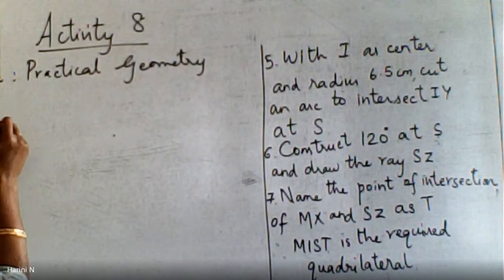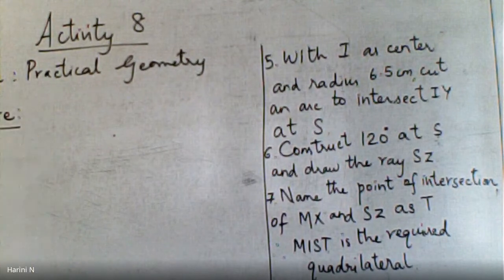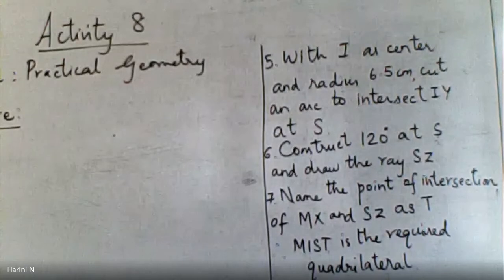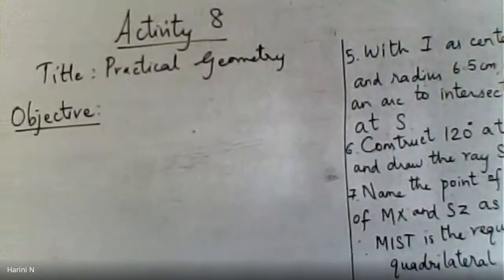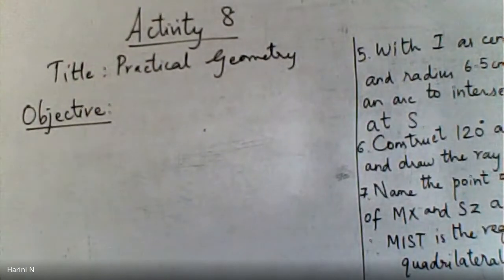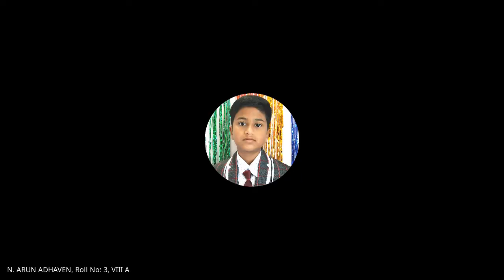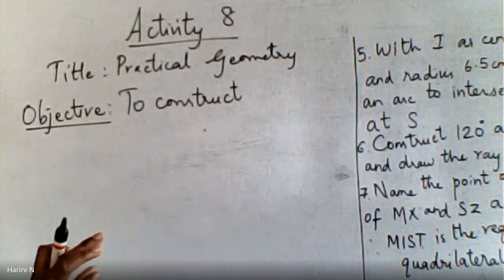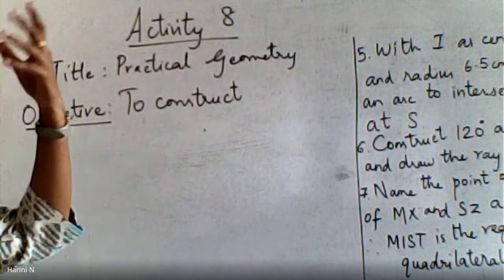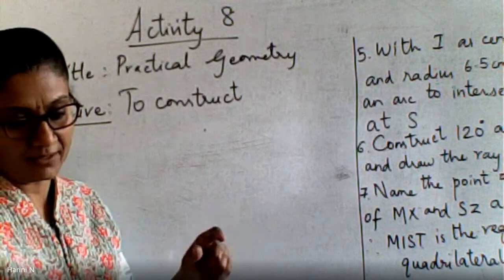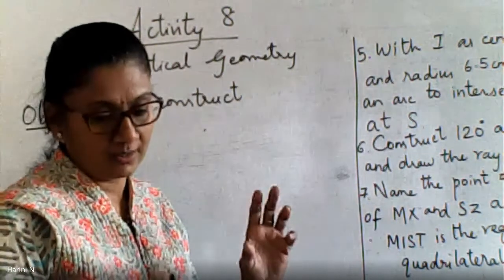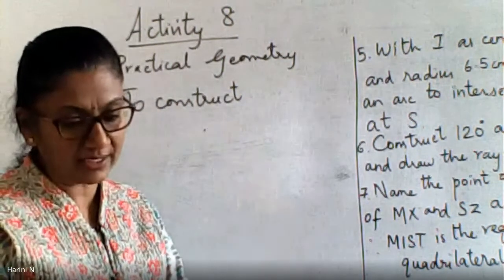To construct a quadrilateral when 3 sides and the 2 included angles are given. To construct a quadrilateral. Why do we say it is included angles? Because it is between the 3 sides. It is not an angle which is outside the 3 sides. That's why when I was showing the diagram, I was telling you that those 2 angles are between the 3 sides which are given to you.